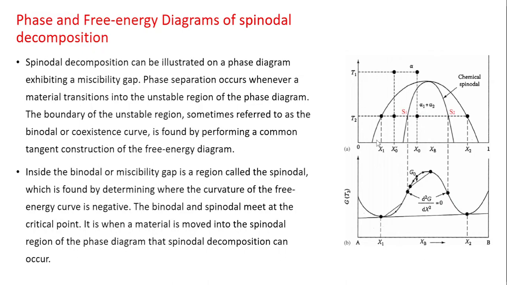This miscibility gap is defined by this curve, and this curve is called the binodal or coexistence curve. It is called the coexistence curve because two phases, alpha 1 and alpha 2, are stable inside.